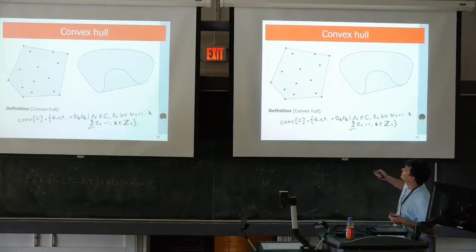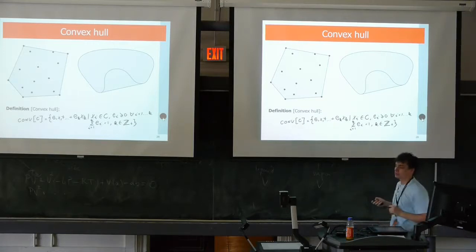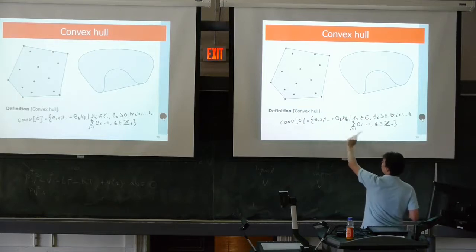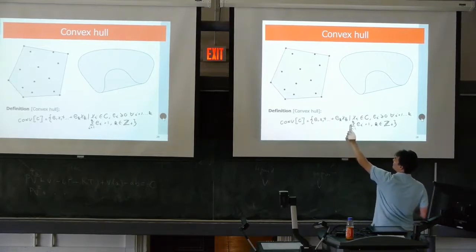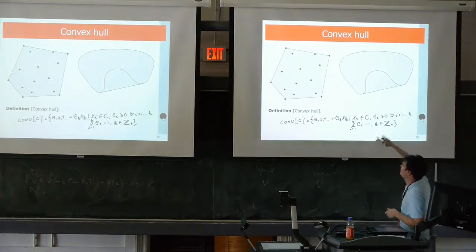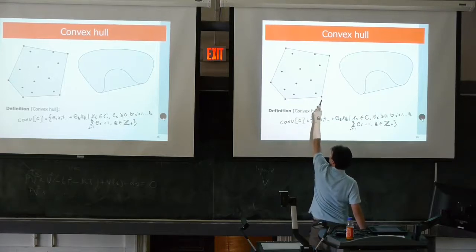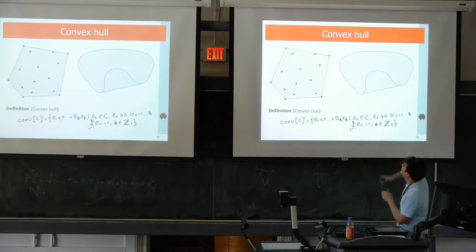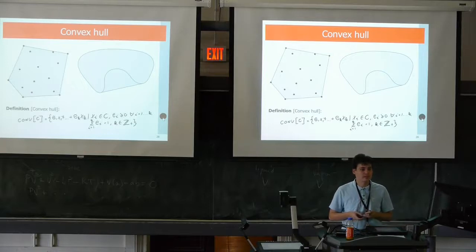So C is a set, for example, these points, and the convex hull of these points is the set of convex combinations of finitely many points inside set C. So theta 1 to theta k are non-negative numbers such that their sum is 1, and x1, x2, up to xk are points in set C. Okay, and you can see that the convex hull of these finitely many points will look like this polytope here, and the convex hull of this set would be this bigger set here. Definition is clear, right?